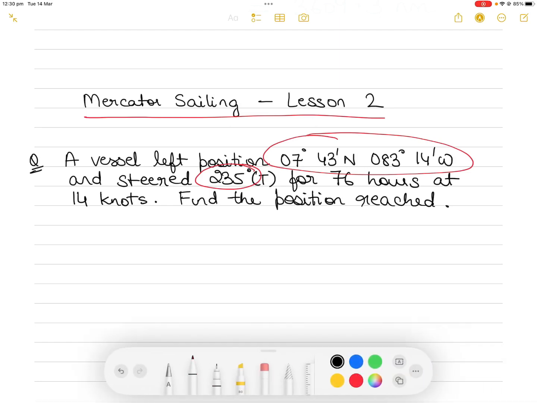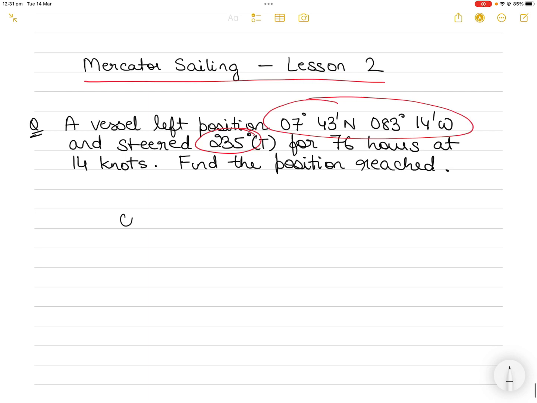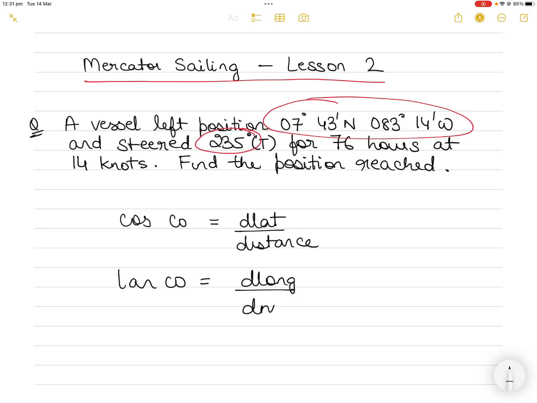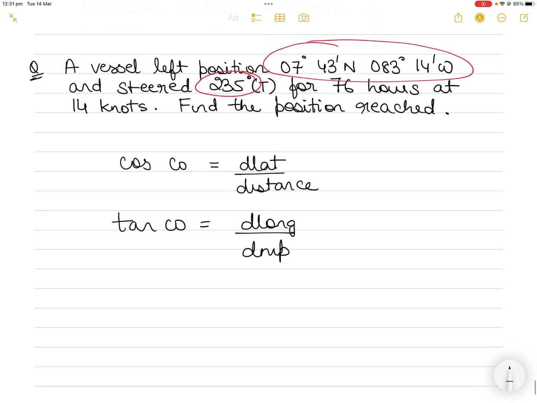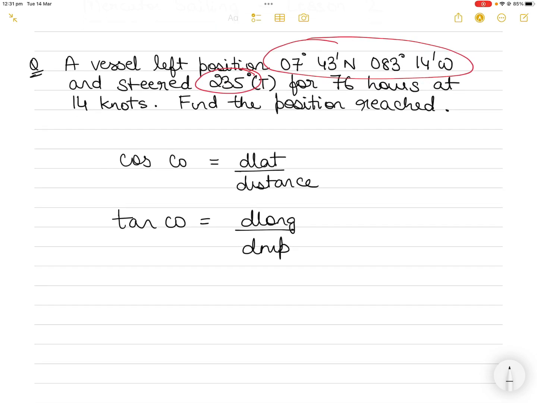Remember, there are only two formulas, and we'll use only two formulas for Mercator Sailing. One is cos of course equals D-lat by distance, and the other formula is tan of course equals D long by DMP. So we leave the principles the same.